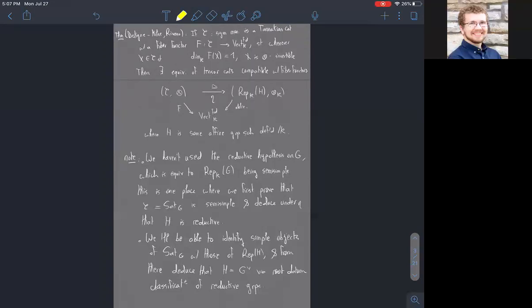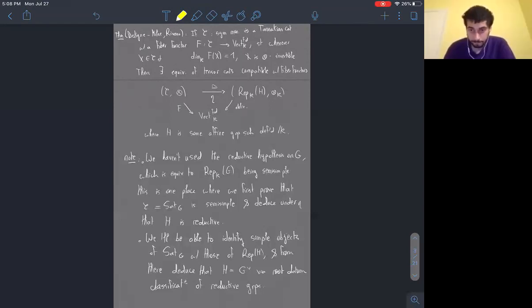Okay, in that case, how does H get the structure of an algebraic group? Is there some structure with the fiber functor that I'm missing? That's a good question, which I'm not automatically seeing the answer to.